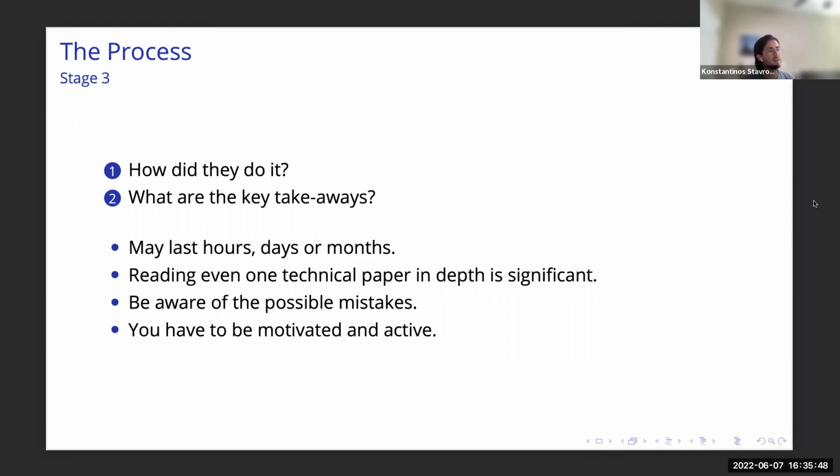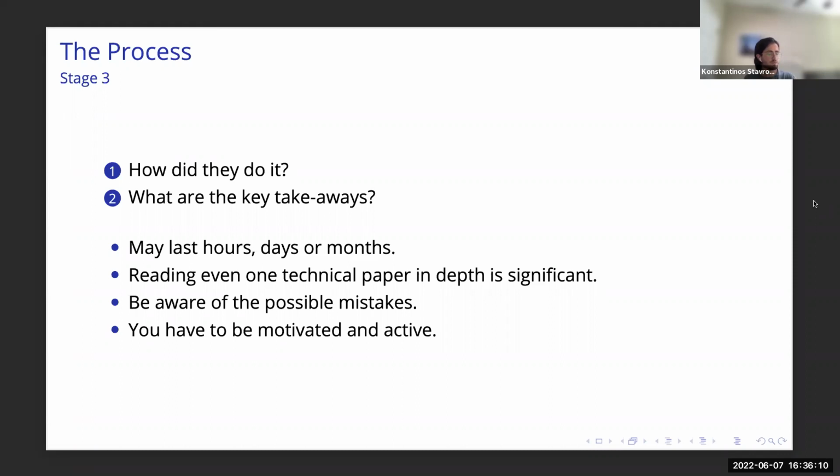So maybe it would be better to try to prove the statements, these low-level details, by oneself. But the paper is always there, and you can read it for a hint.